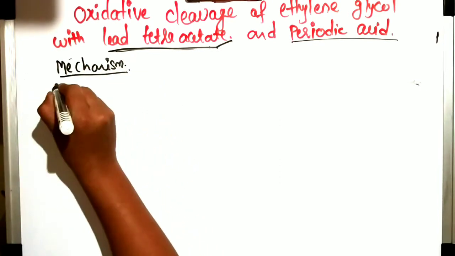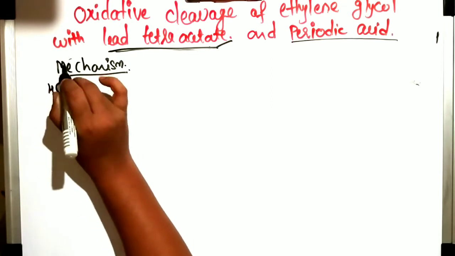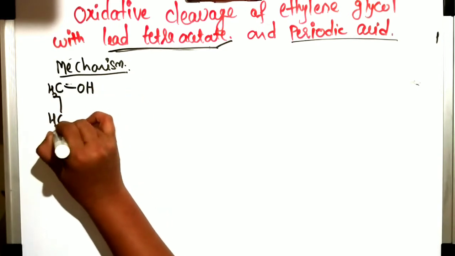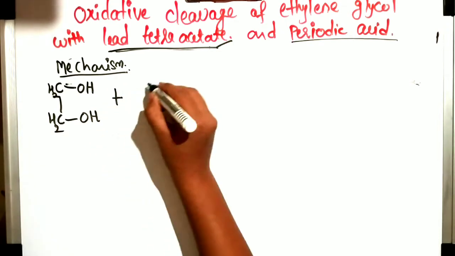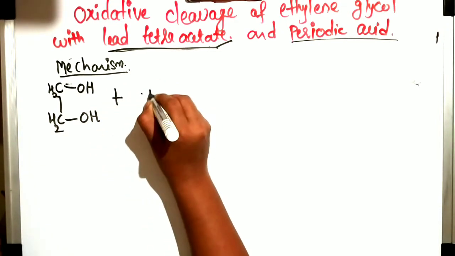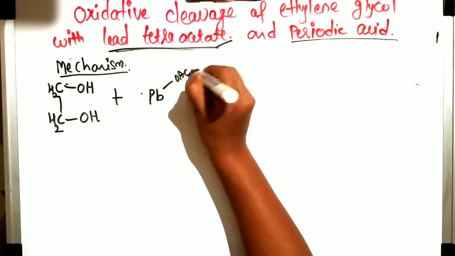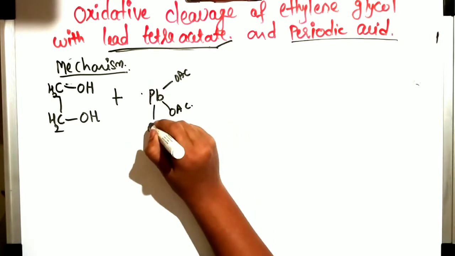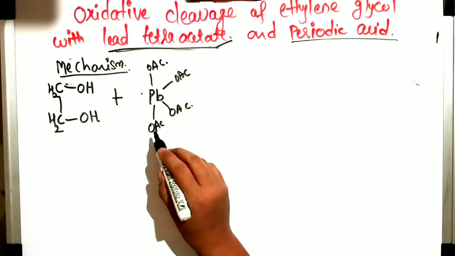First we take ethylene glycol, CH2OH, CH2OH, and we are treating it with lead tetraacetate, with four acetate groups, OAc, OAc, OAc, OAc.